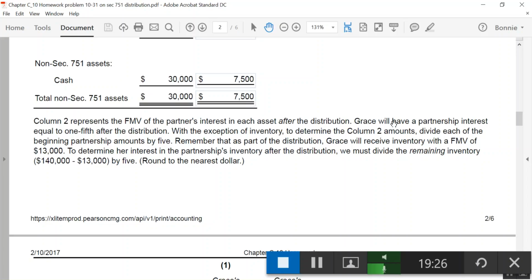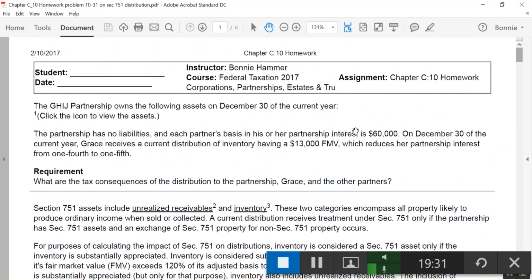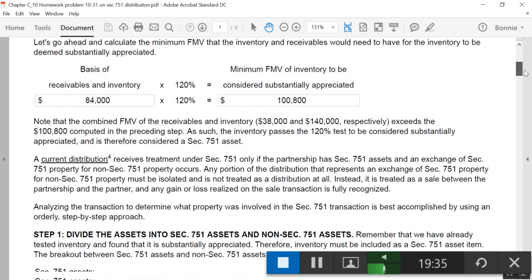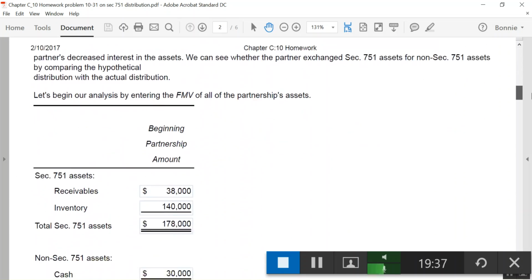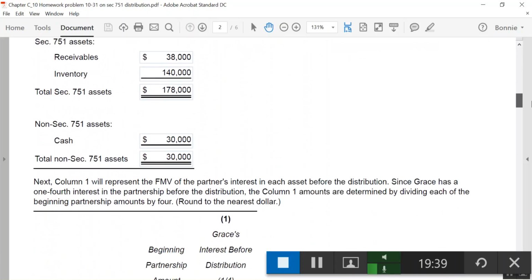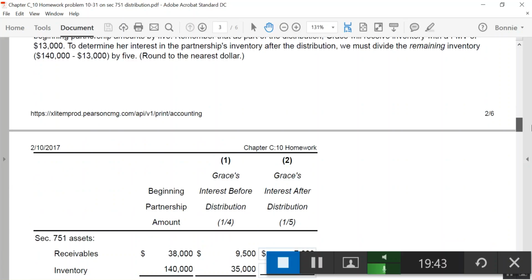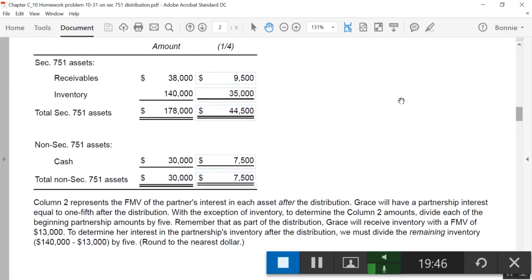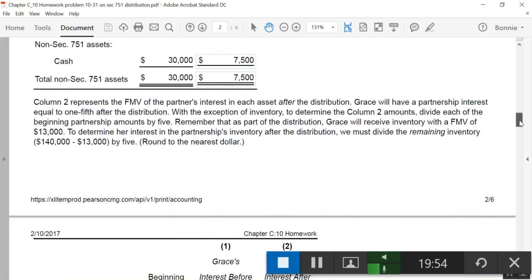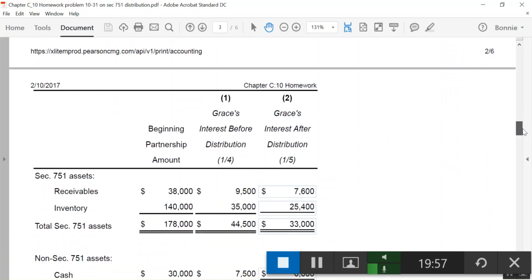However, with regard to the inventory, she actually received a distribution of $13,000 fair market value worth of the inventory. So when we're doing column 2, we need to reduce the $140,000 by her $13,000 distribution before we multiply that times her 20% after-distribution interest.